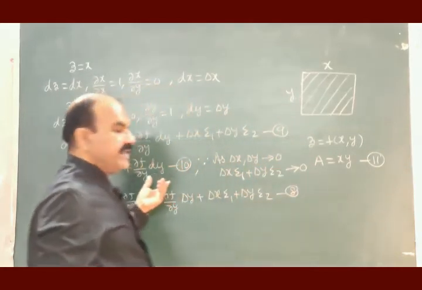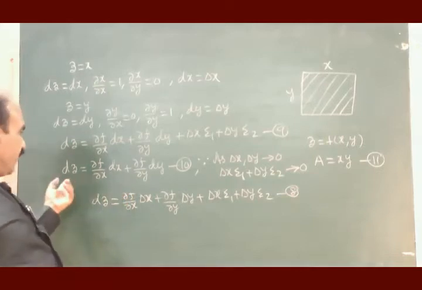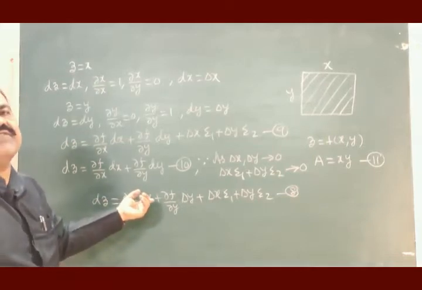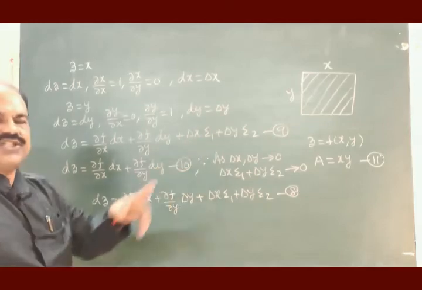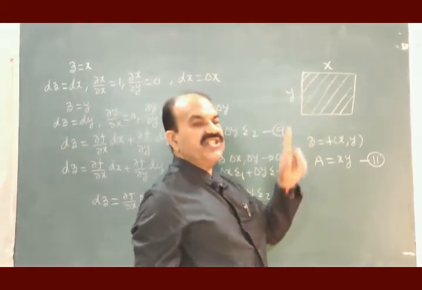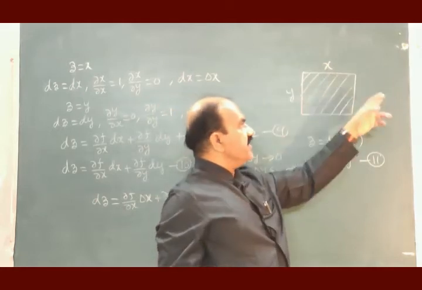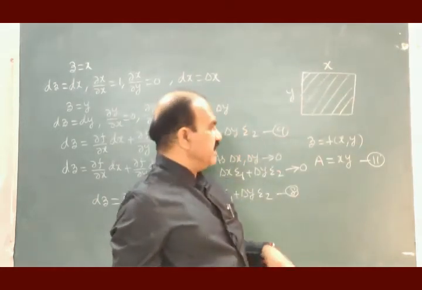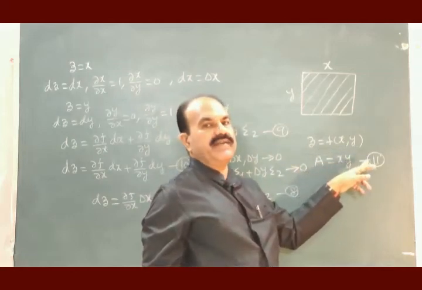To understand what error will be introduced if we use this estimated value of total differentiation for the function z is equal to f of x y, let us consider a rectangle of these sides x, these sides y. Z, this is just similar to z is equal to f of x y.